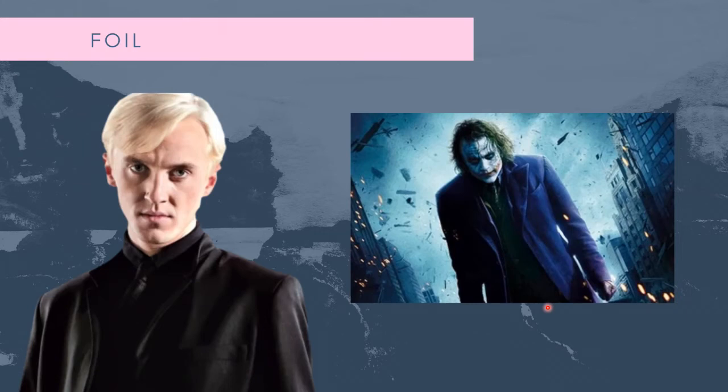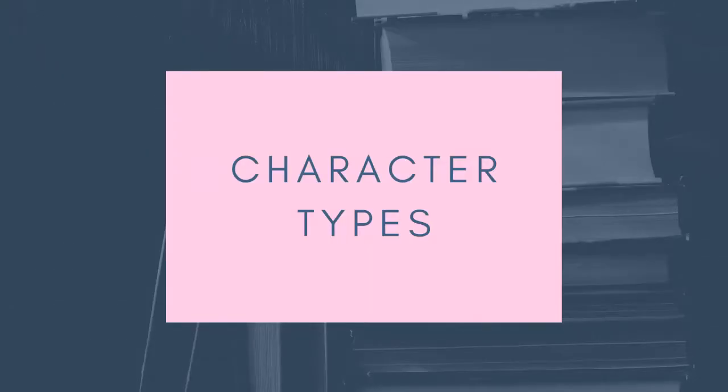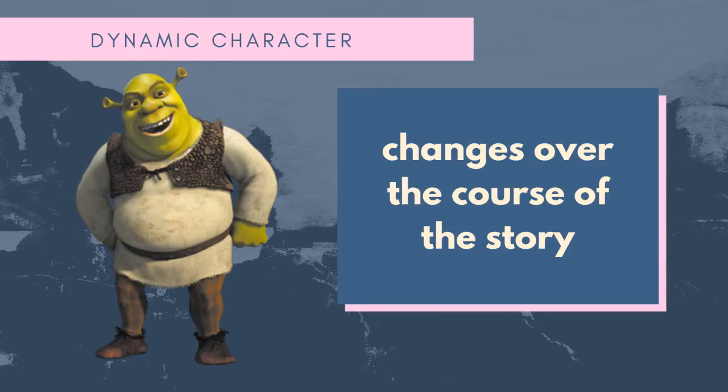Now, a foil can be a difference in the characters' views in life, or just simply how they look and how they act. Now, we are done with the character roles. Now, let's go to the character types.